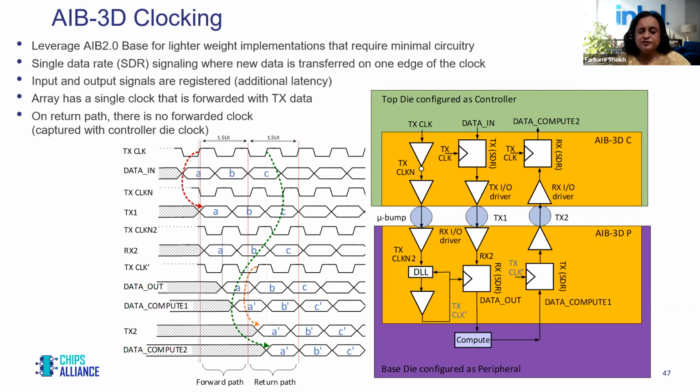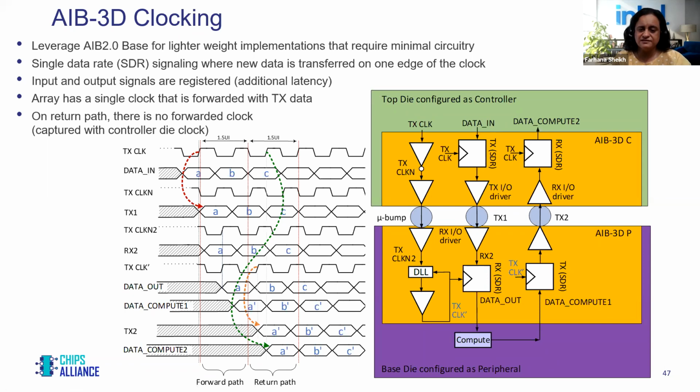Then on the return path, as you are finished with your computation on your base die, you may want to send this data back to the top die, which is the controller die. This is done using the same edge aligned and 180 degrees out of phase TX clock prime.